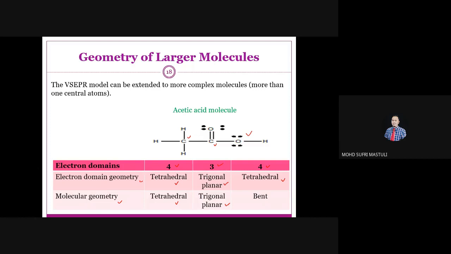Due to the presence of 2 lone pairs, the geometry is no longer tetrahedral, it becomes bent. Tetrahedral, 2 lone pairs, first lone pair, second lone pair. So the geometry becomes bent.